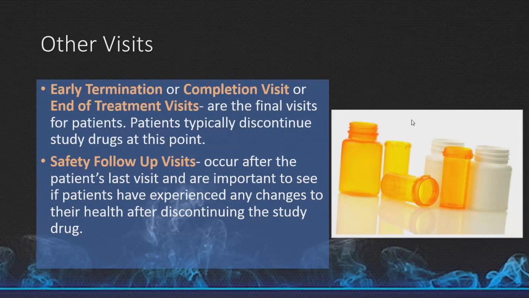So basically, like I mentioned, a patient can withdraw from a study at any time. If they withdraw earlier than the study is designed for the patients to complete, it's called an early termination visit. It's strictly for safety follow-up, and to collect any unused investigational product back from the patient, as well as any patient-reported outcomes like diaries, whether electronic or paper.